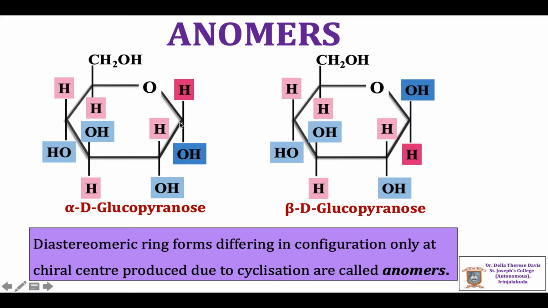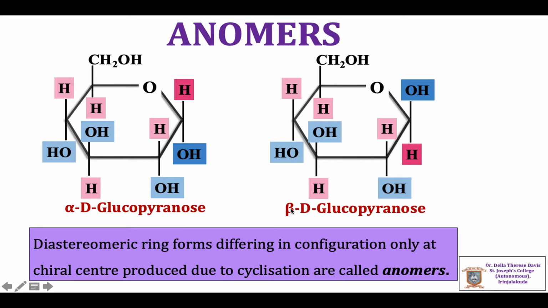Comparing these two structures, we can understand that the configuration is only different at the anomeric carbon. In the alpha isomer, the OH group is towards the bottom and H towards the top.